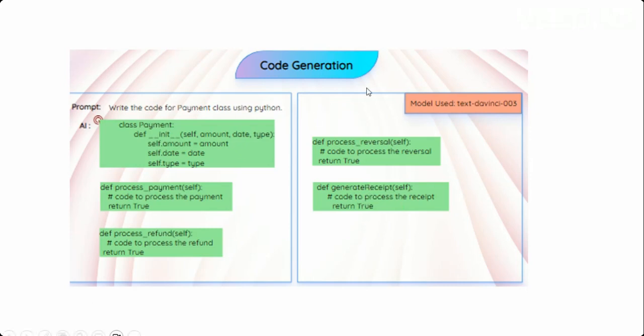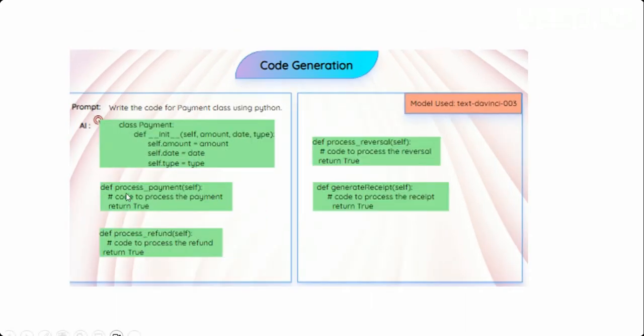So for that, we have to get the code for the generate receipt method of that payment class. Here you will get the code for generating that receipt. So this is how we can get classes, then the methods, and the code behind each method. Likewise, we can get each and every step by step.